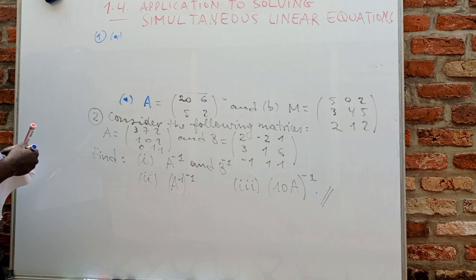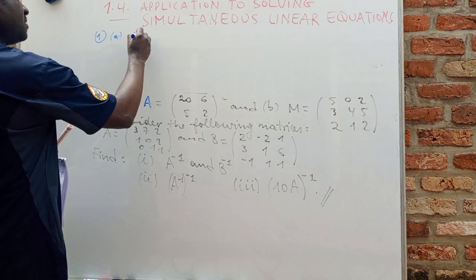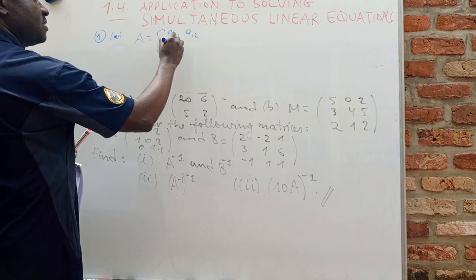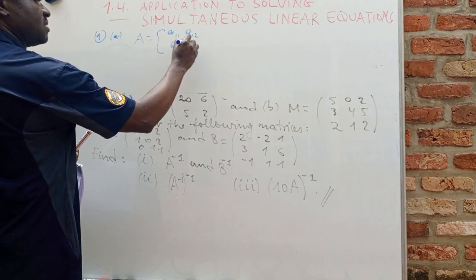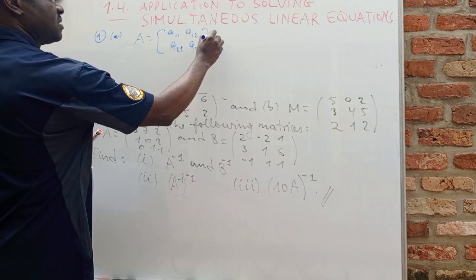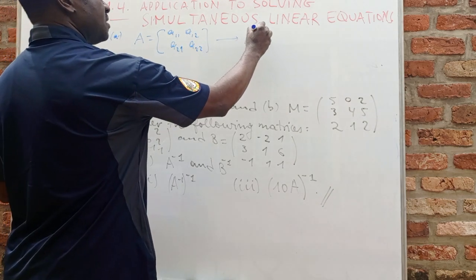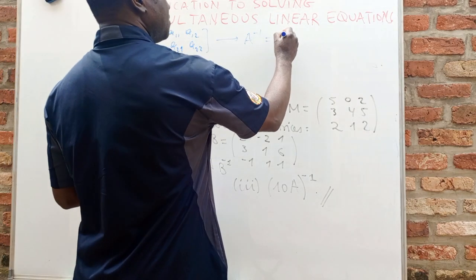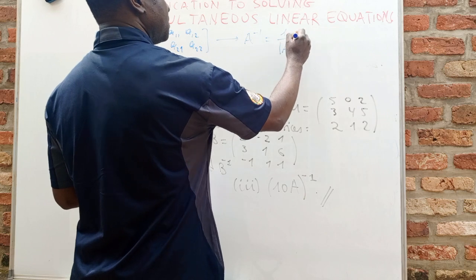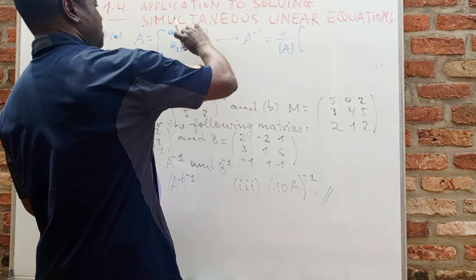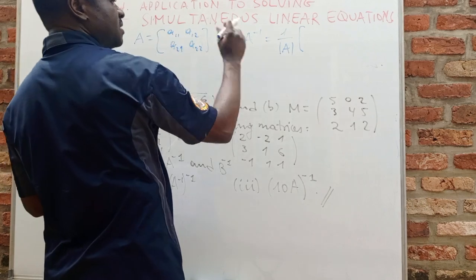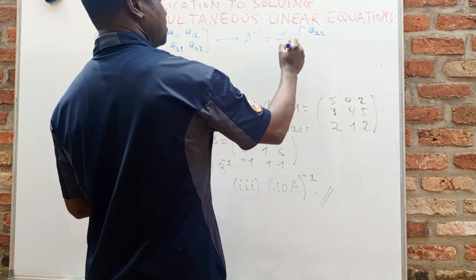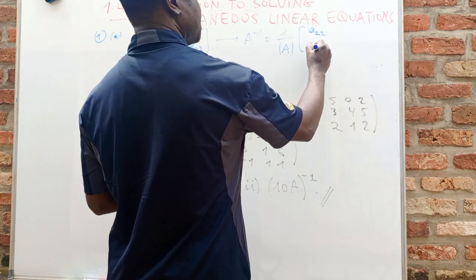In general, we take any matrix with A11, A12, A21, A22 as coefficients, and after calculation using different methods, its inverse is 1 over its determinant multiplied by the matrix where the main diagonal elements are exchanged, and the non-main diagonal elements are the opposite of themselves.